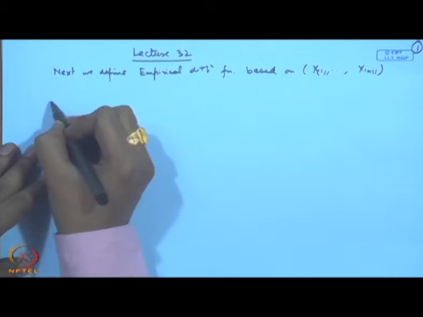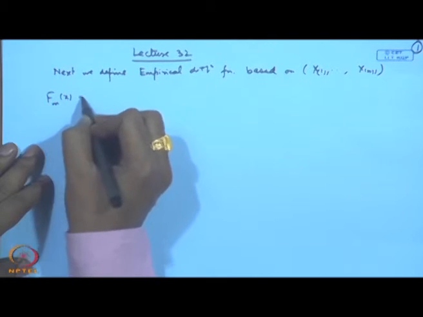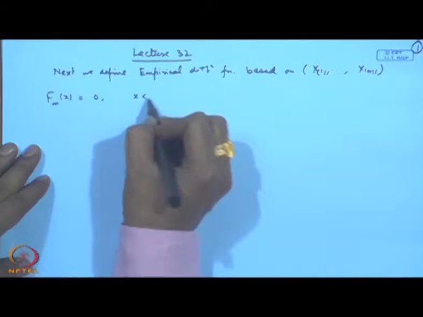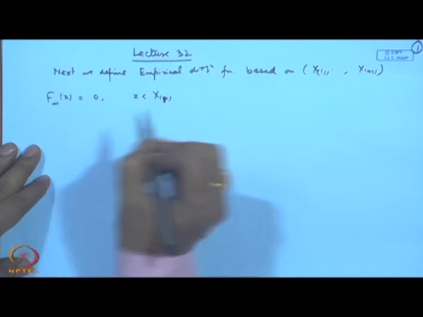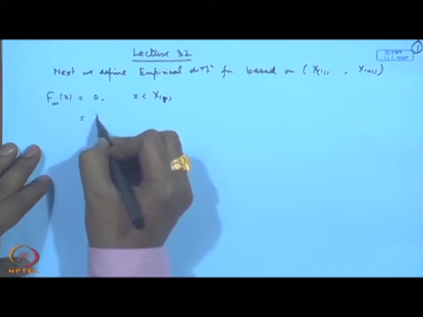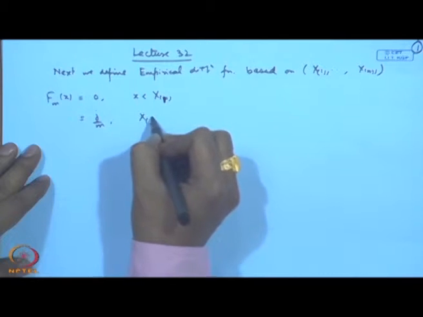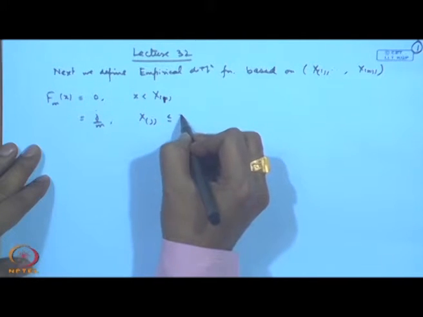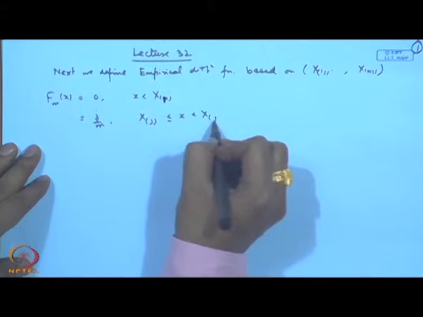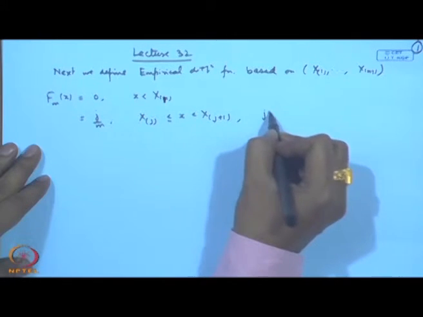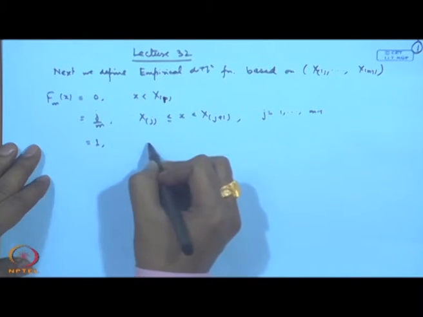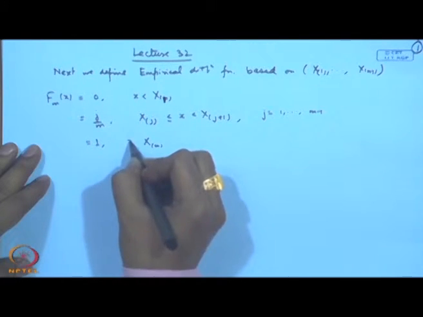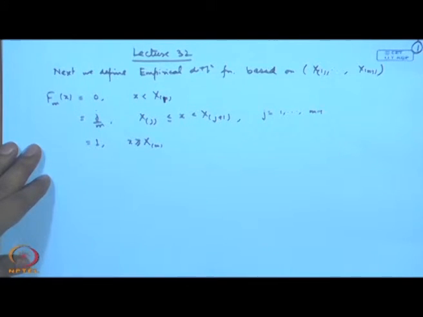That is, Fm(x) is equal to 0 for x less than X(1), and it is equal to j by m if X(j) is less than or equal to x less than X(j+1), for j equal to 1 to m minus 1, and it is equal to 1 if x is greater than or equal to X(m).